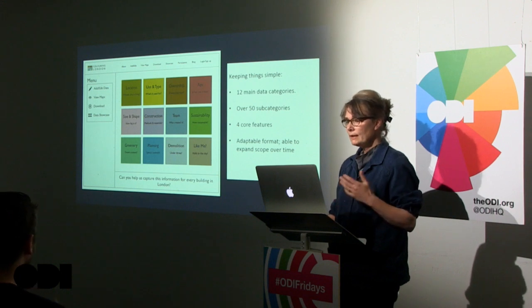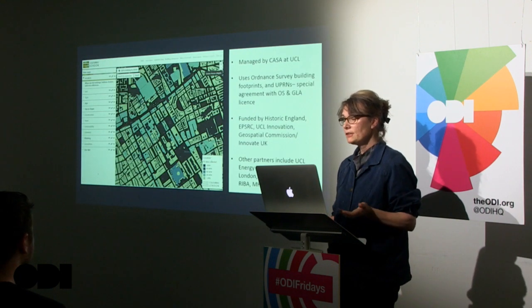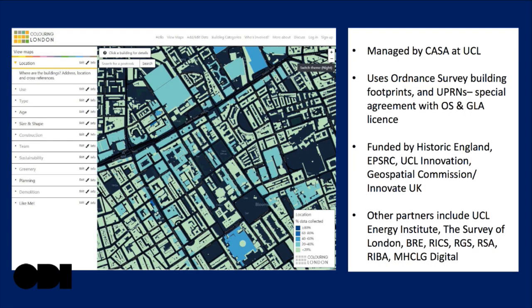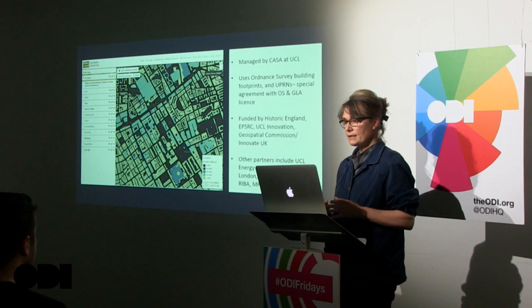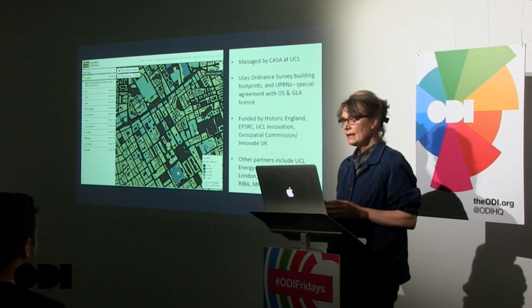So the project is managed at CASA at UCL, and the key thing is that we use Ordnance Survey building footprints and UPRNs, and we have a special agreement with Ordnance Survey and under the GLA license to do this. The main issue is comprehensive footprints that we need.